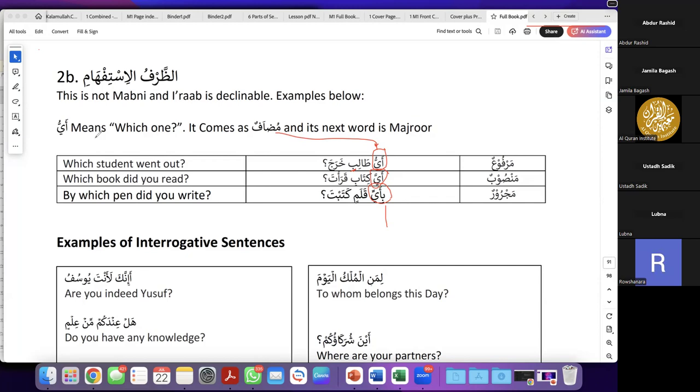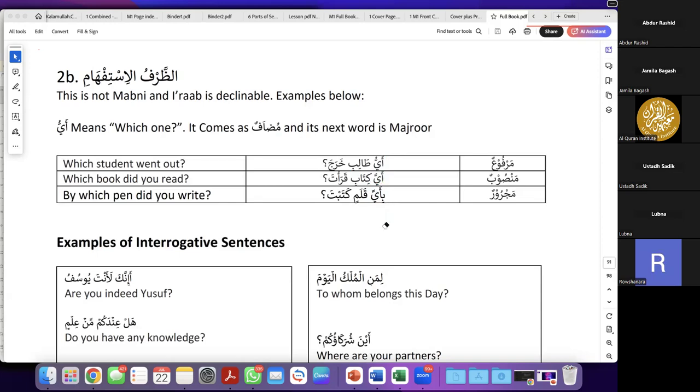But the third one, zarful istifham, the rule to remember is that it is not mabni, whereas the others are mabni. This is not mabni, ayyu can change. And there's only one word, ayyu.